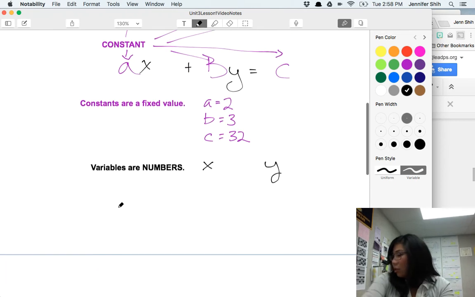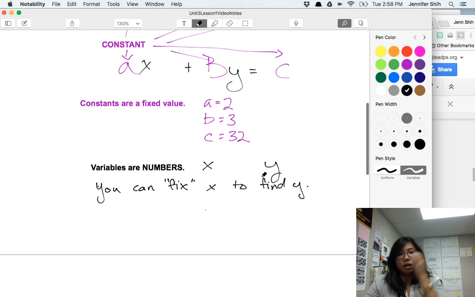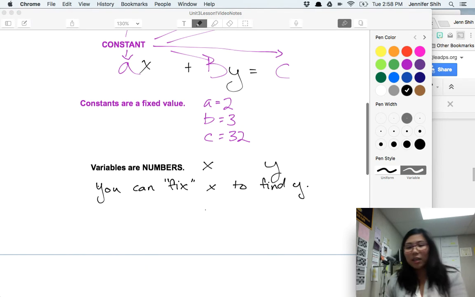What it's called is if you fix a number. You can fix X to find Y. When you fix X, it means you hold it very still, like if you had to fix something that's broken, you would have to hold it really still. I'm going to pause this for a second. Hold on. I'm back. Okay.